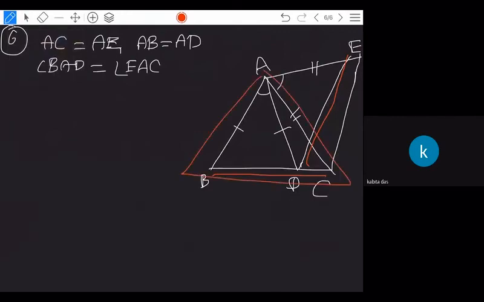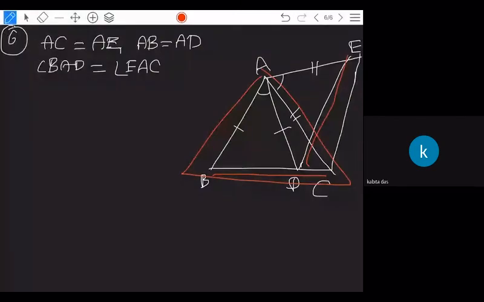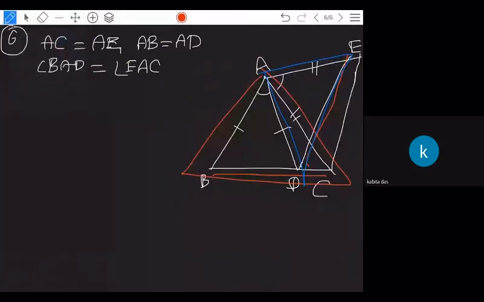The other triangle you take is ADE. Why am I taking these two triangles? In the red triangle there is the BC side, and in the blue triangle there is the DE side.